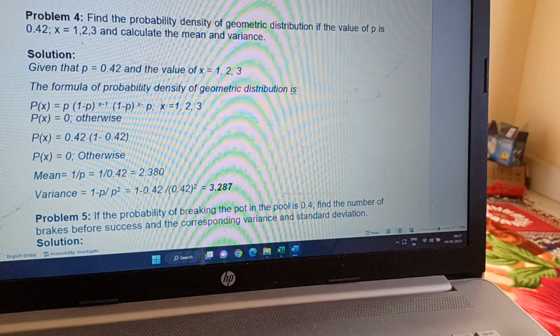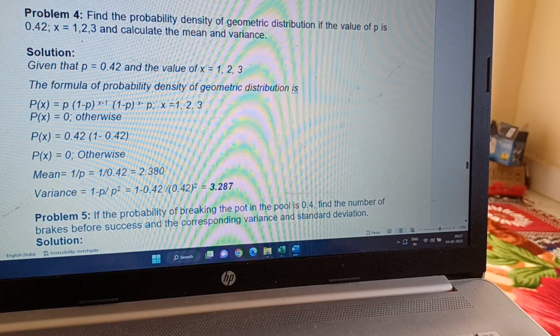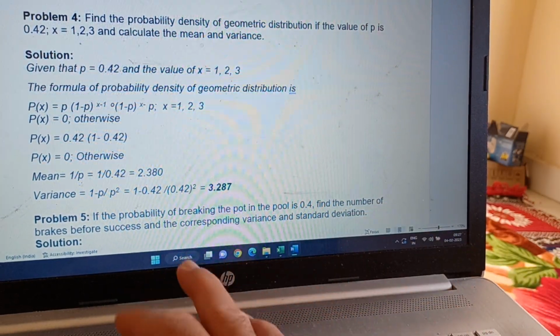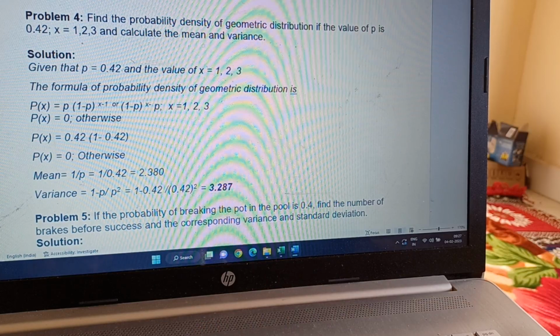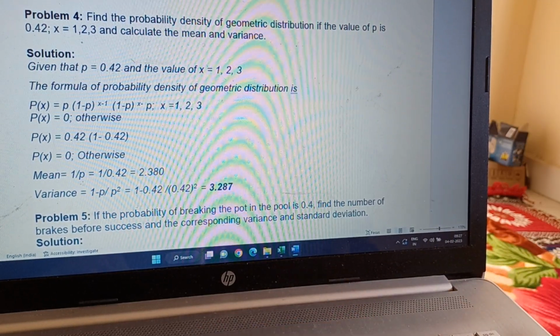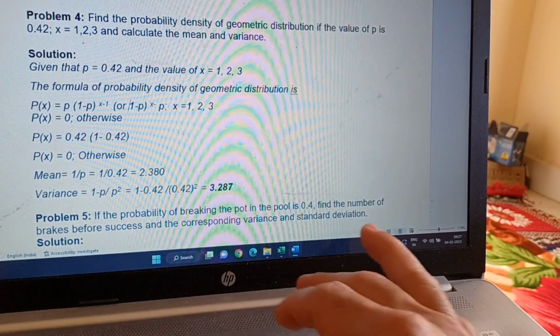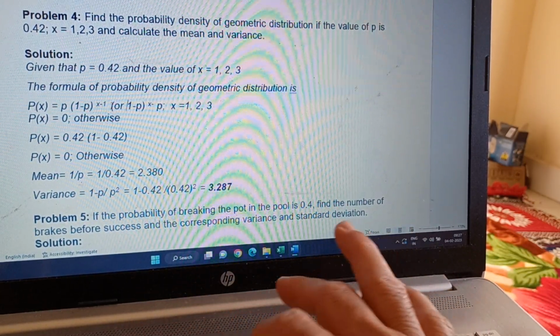So whether you write it the first way or the second way, the formula is the same. Since you all are very good in mathematics, you can easily understand that there is no difference between the two. So that is the type of problem.